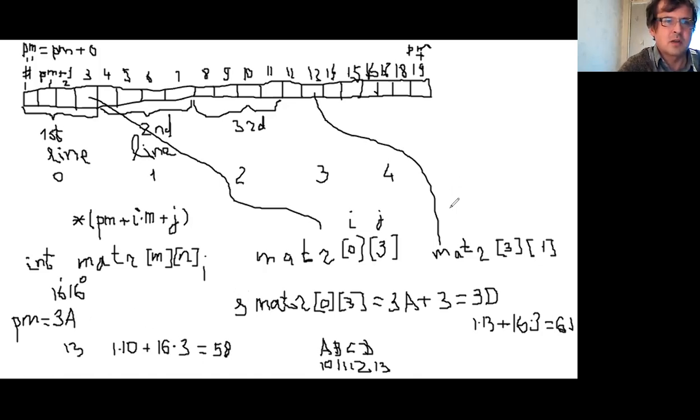Okay, so what is the address of this element? Let us count. So the address of the matrix, if PM is given. In this picture the values are absent, only the numbers of cells are presented.